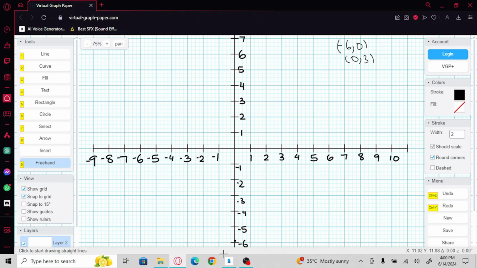Where should it come? Here. And the second point, when x equals 0, y is equal to, oh, my bad, I plotted it wrong. When x is equal to 0, y is equal to 3, right here. And when x is equal to -6, y is equal to 0, right?